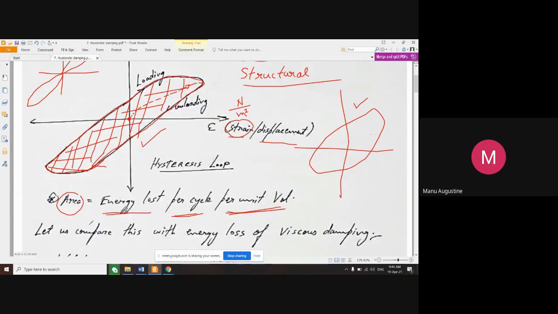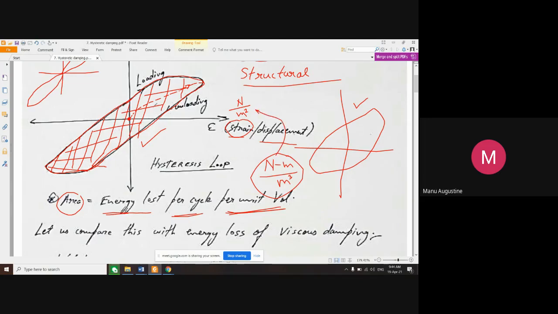Okay, per cycle is simply a number. The dimension of energy is Newton meter, and per unit volume, that means the dimension of volume is meter cube. So eventually this is exactly the same as this. So dimensionally it checks out.